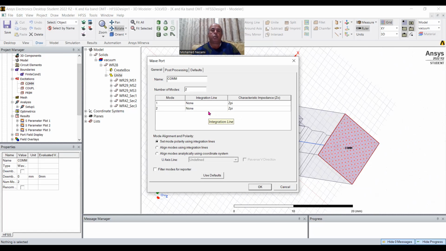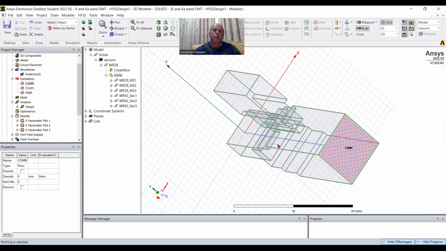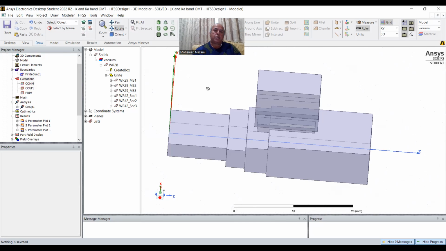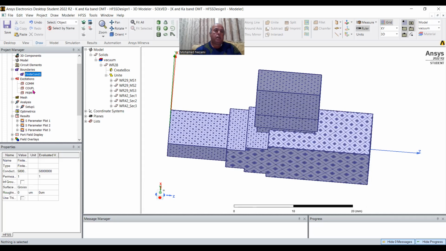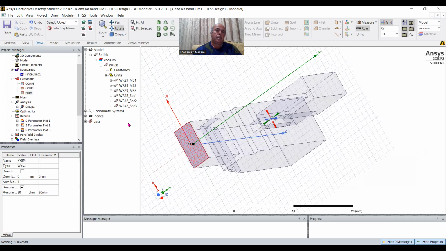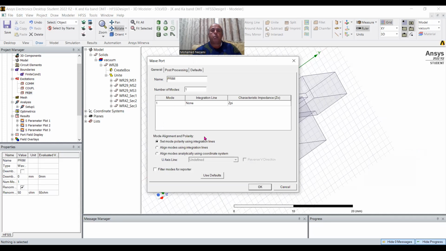Because this is circular, so you got one horizontal, one vertical, while the other two rectangular branches, that is this side here, you got this one and you got that one there on this side. These are a single mode polarization.